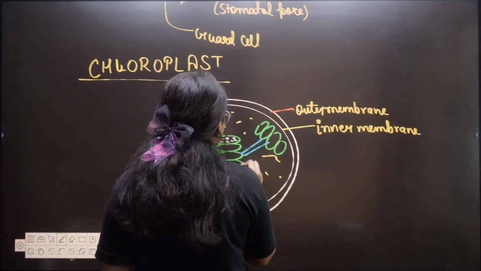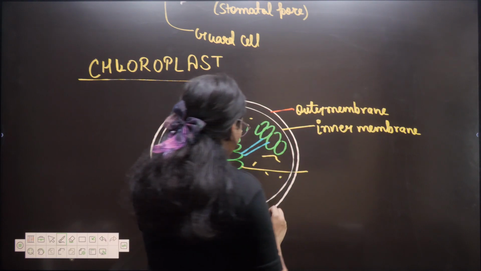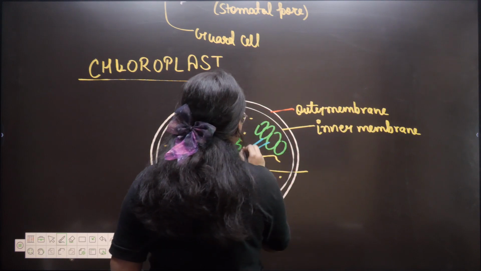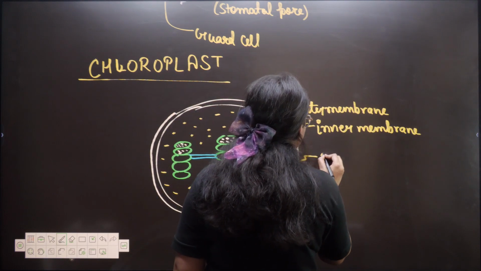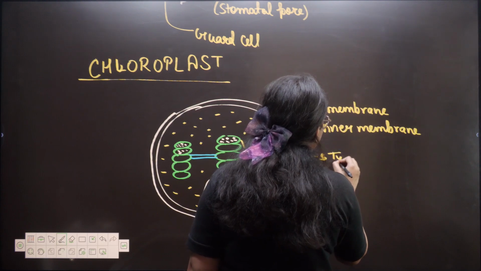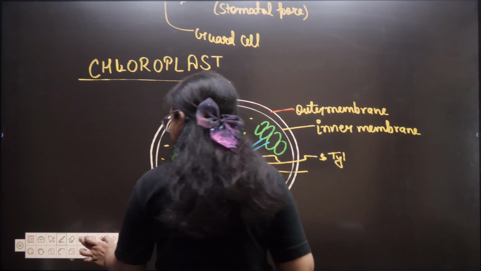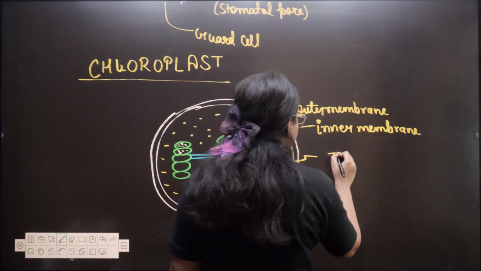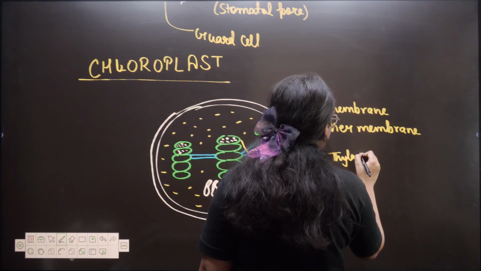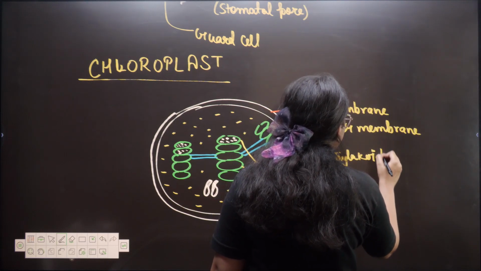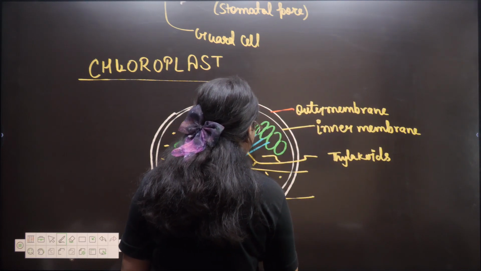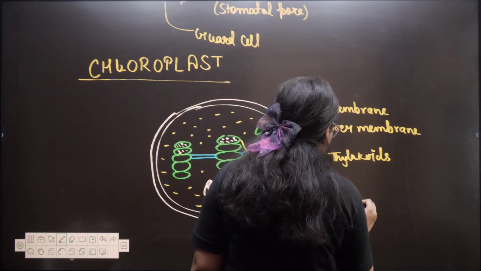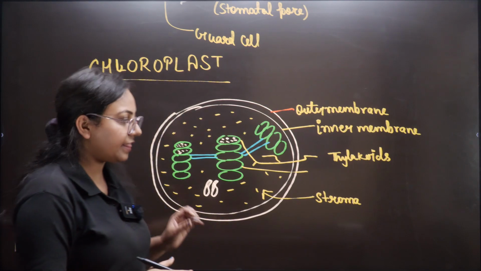Okay, this complete stack, see, first of all, one of them is called thylakoids, and then this platform is called stroma. See, earlier we did stoma, and this is stroma.